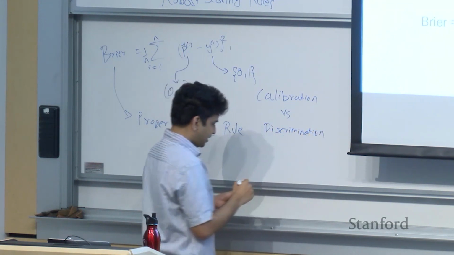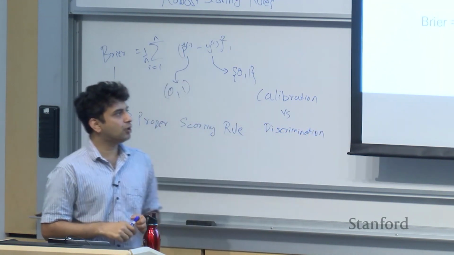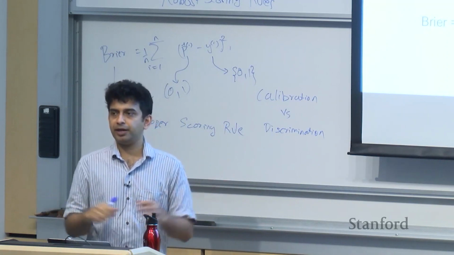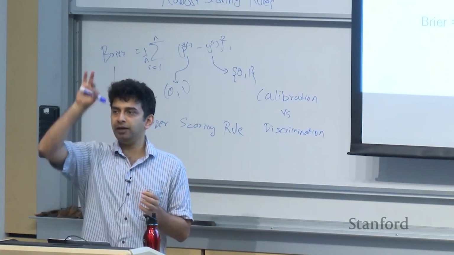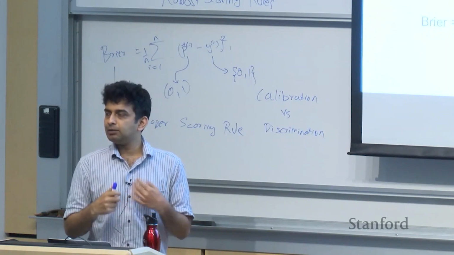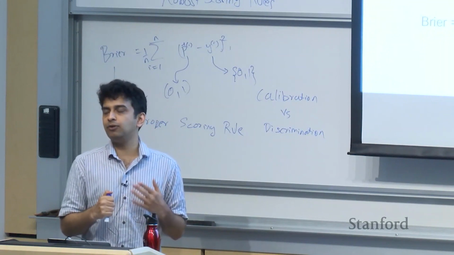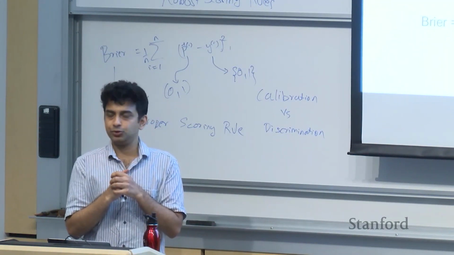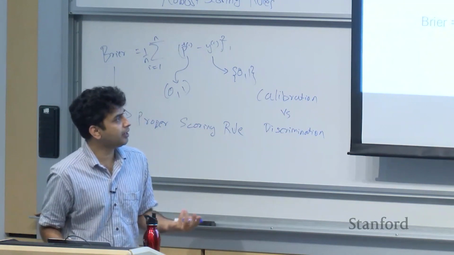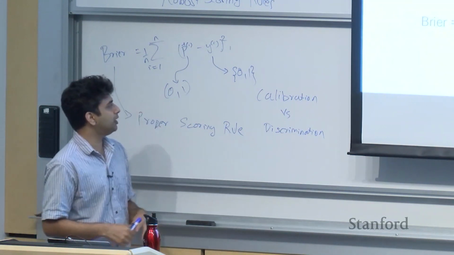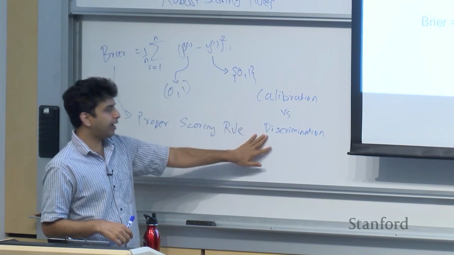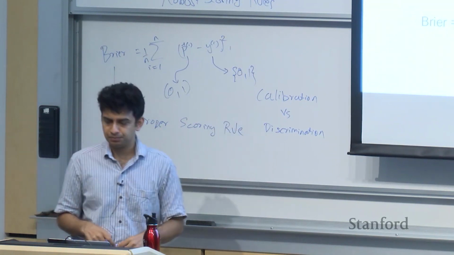Discrimination generally refers to how well your model can separate positives and negatives in a ranking sense, and calibration tells you how meaningful the assigned probability values are. You generally want your model to be well calibrated and have high discrimination.